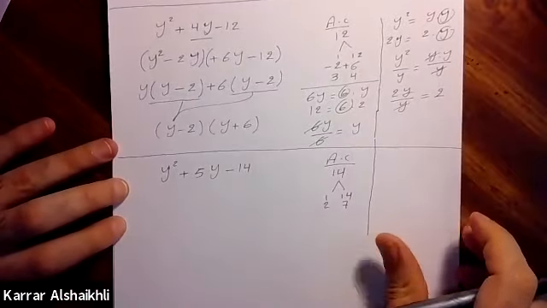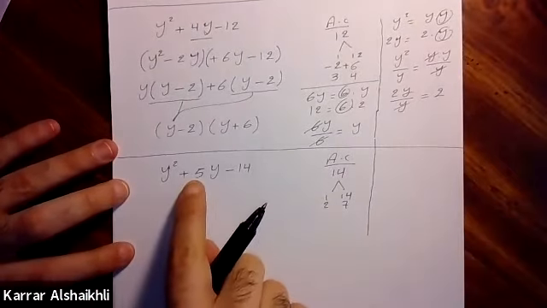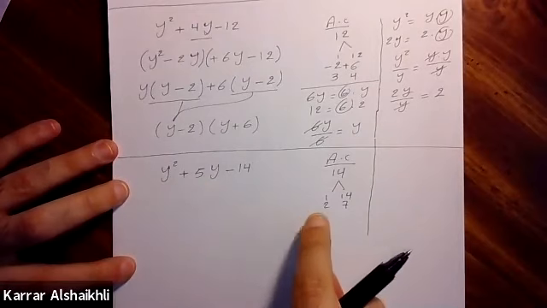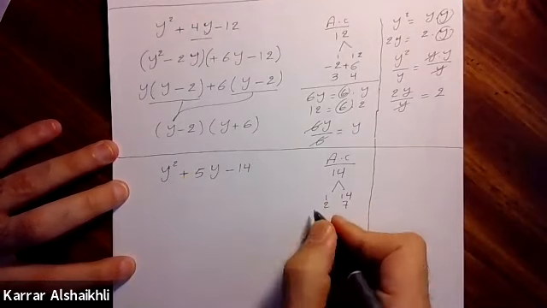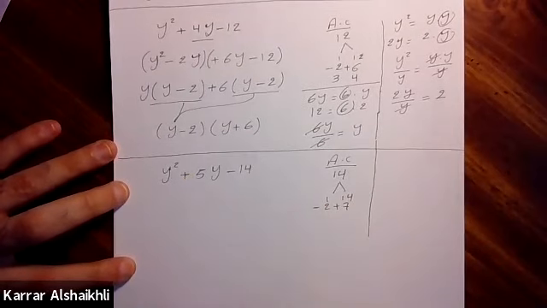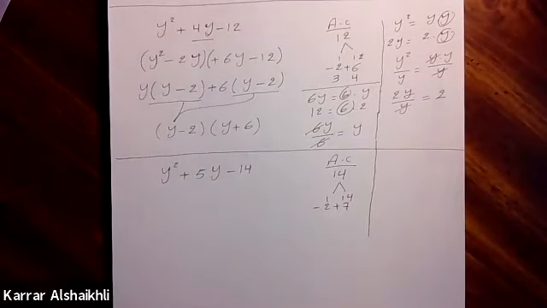So now I'm going to use one of these options to get 5. So I'm going to say minus 2 plus 7. Minus 2 plus 7 is going to be positive 5, which is the middle term.